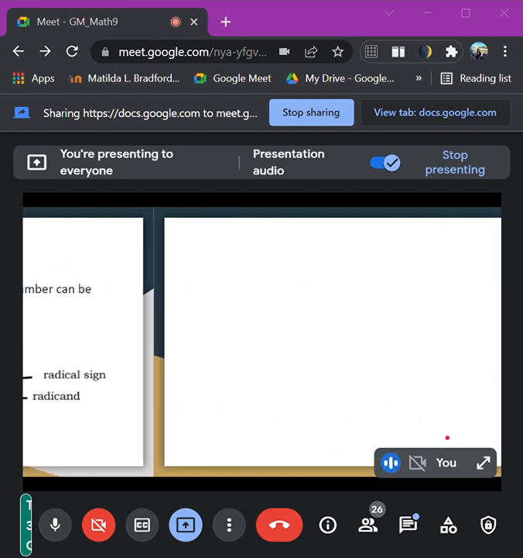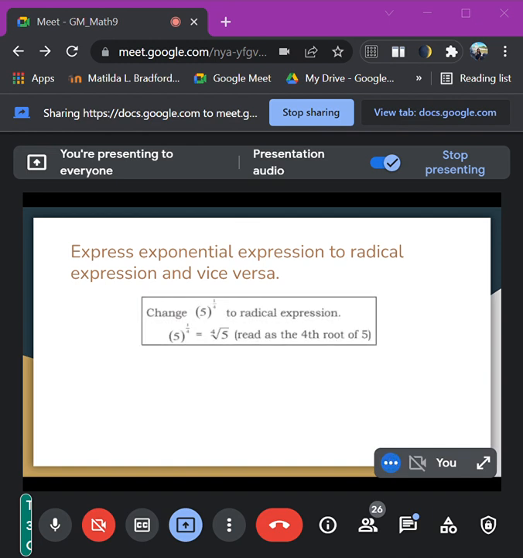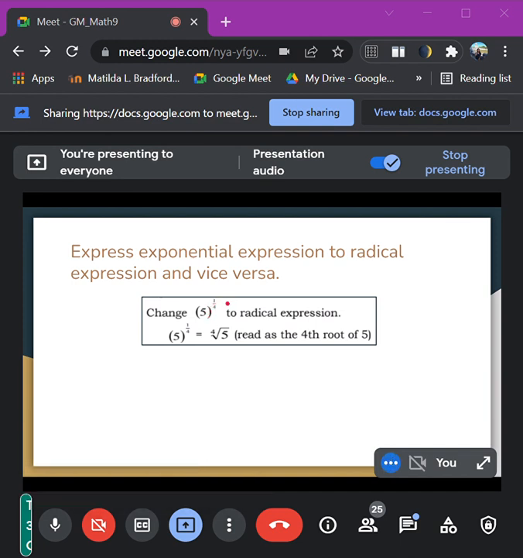Okay, so now class, express exponential expression to radical expression and vice versa. So we have here some examples. So we're going to change this exponential expression into radical expression, which is 5 to the 1/4. Okay, 5 to the 1/4.